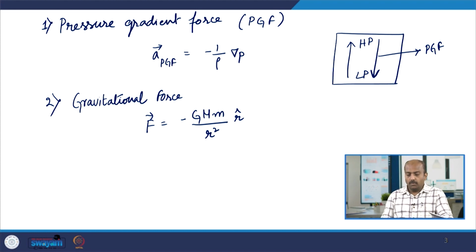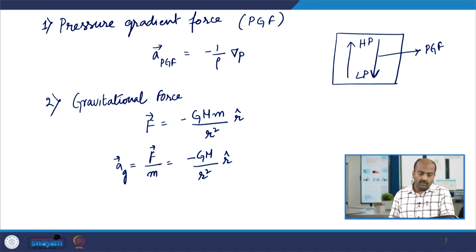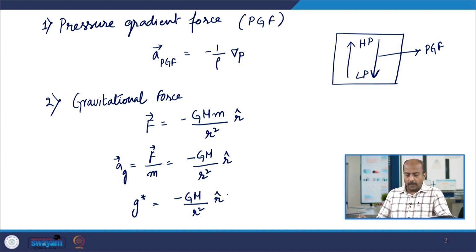Here the important thing is the force per unit mass, the acceleration due to gravity, is minus GM by r square r cap. Now, if this is at the surface, then we write it as g star is equal to minus GM by r square r cap. It means this is the gravity at the surface, right.